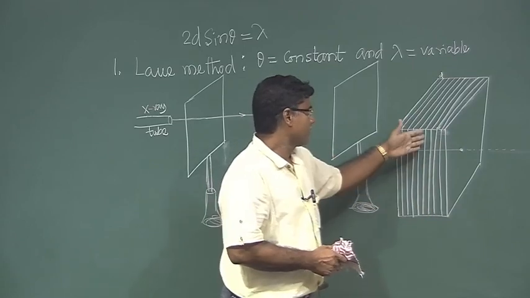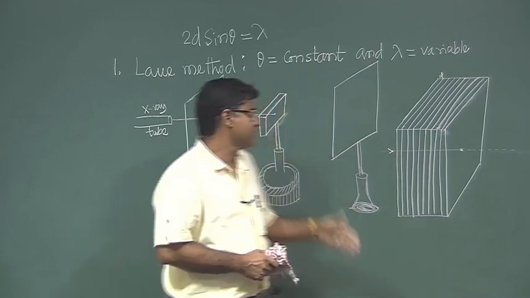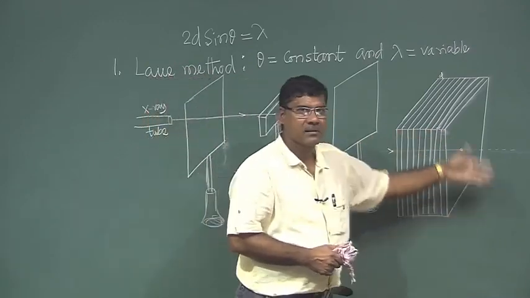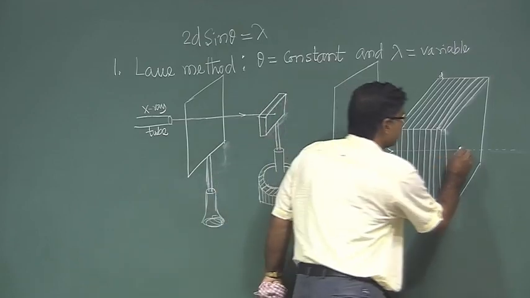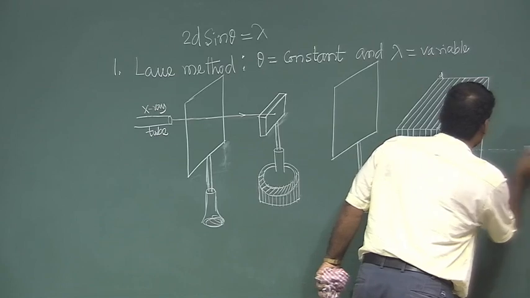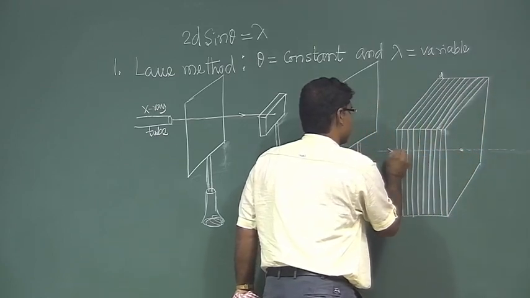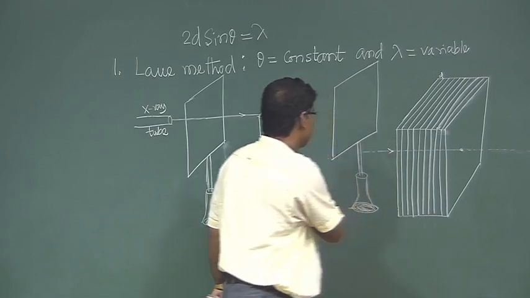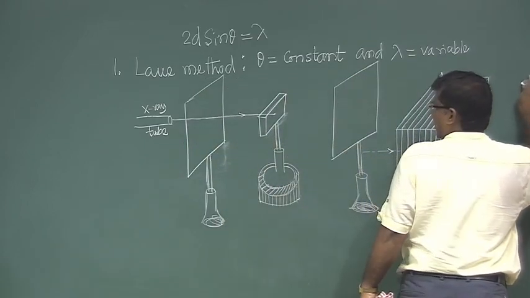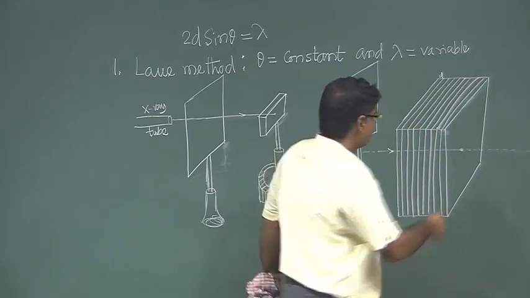Now this grazing incident angle is 90 degrees, so it is along the normal. So it will just go, and it can also be backscattered. So on this photographic plate, what will we see?